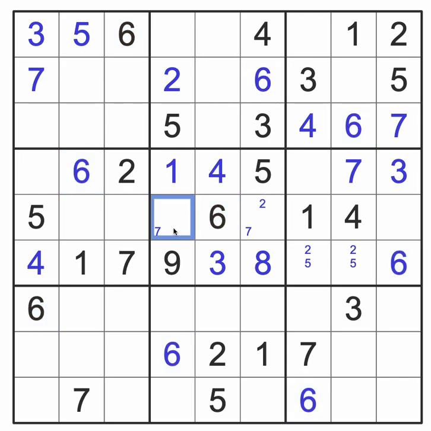This 2 has given me 7 here. That gives me 2 here. And that means these are 7 and 9. And the 7 in box 7 blocks this cell, gives me 9 and 7.